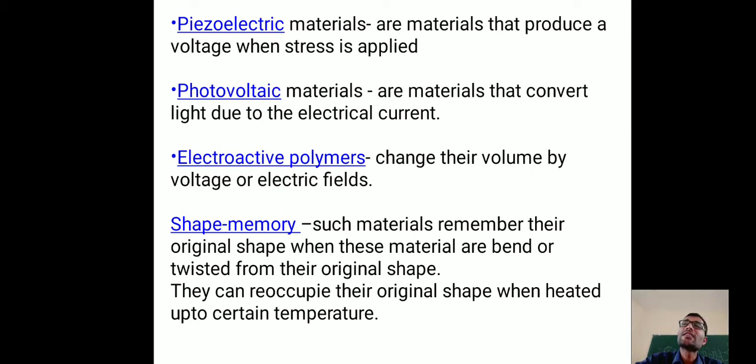These are such smart materials which remember their original shape when bent or twisted from the original shape, and they reoccupy their original shape and size when heated up to a certain temperature.